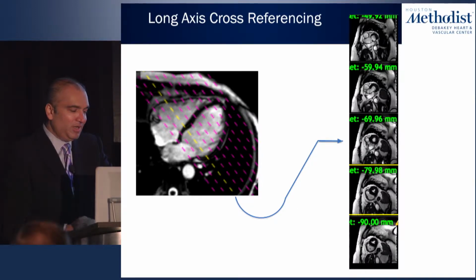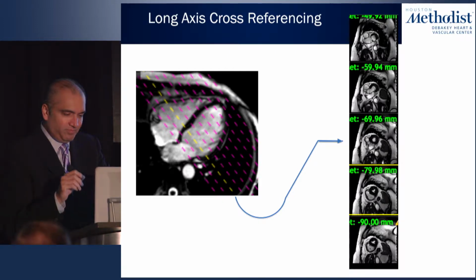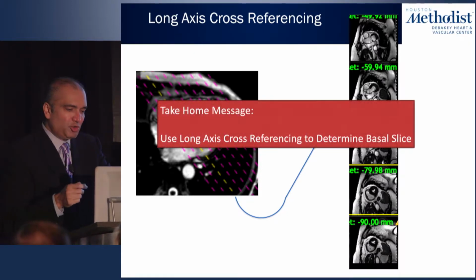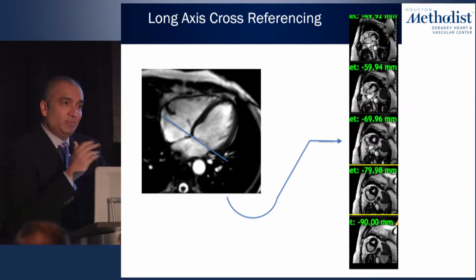In CMR, because it's a tomographic technique, there actually is an anatomic coordinate system here, and the post-processing tools now are able to match up the short axis slices to where they sit in relation to long axis views. That's what those dashed arrows are showing you here, that these individual short axis slices sit at different locations in the left ventricle. I can visualize that, and I want to make sure that when I'm doing my tracing, I'm tracing up to the very base of the heart.